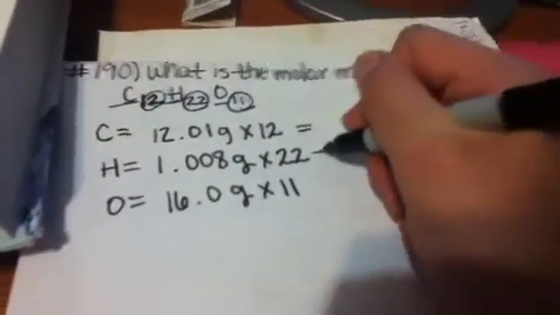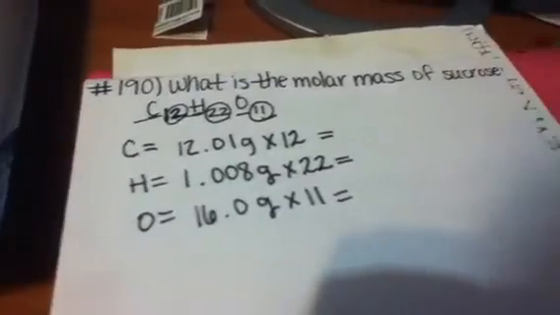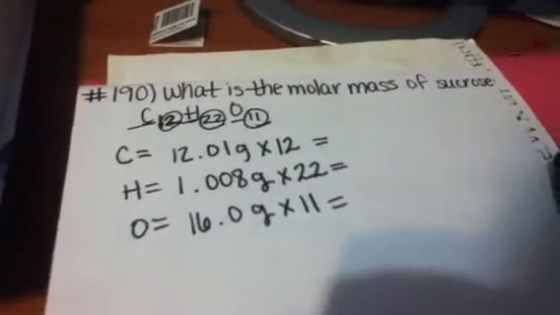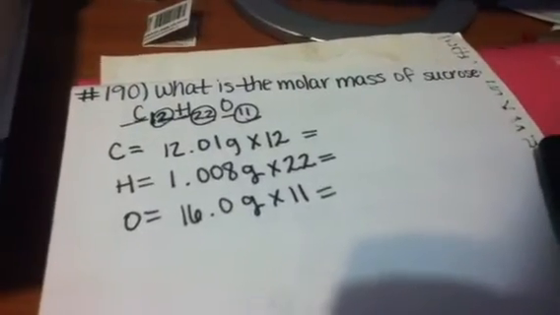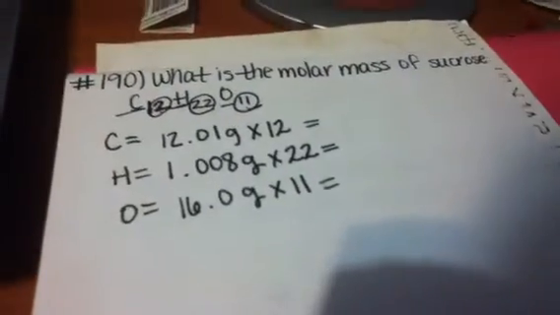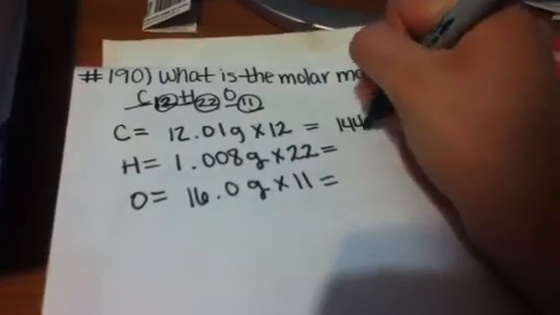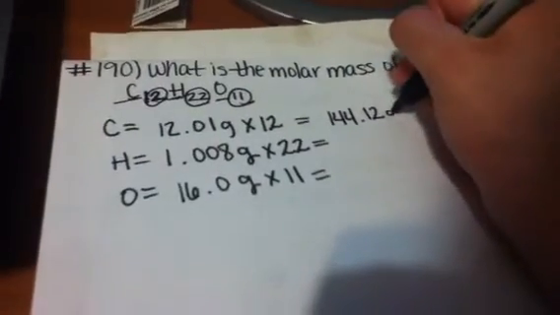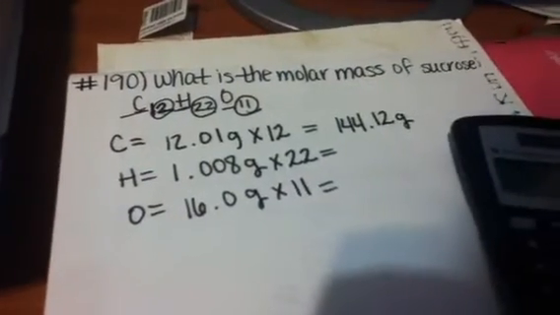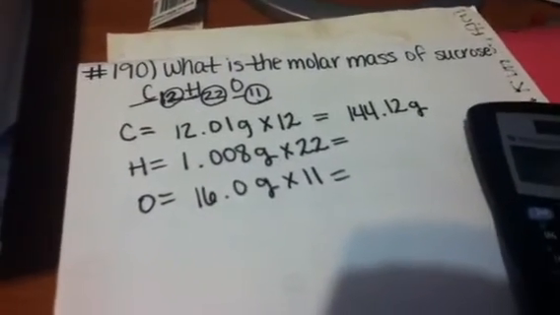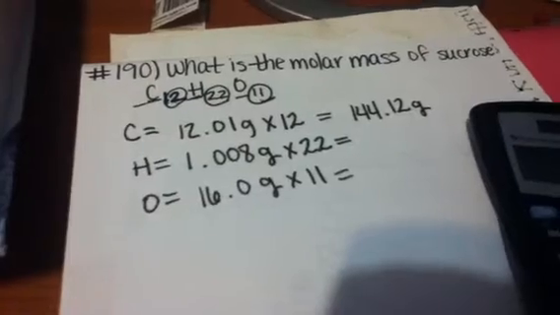And so we solve for each one of these using our handy dandy calculator. 12.01 times 12 equals 144.12 grams. Now we solve for the mass for the total number of hydrogens that we have.